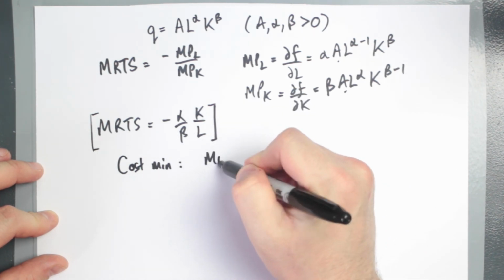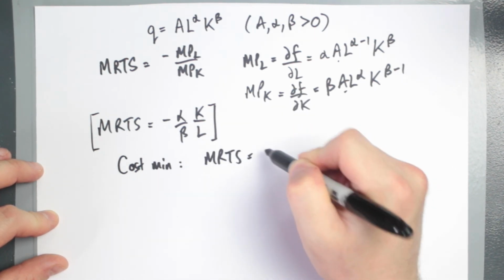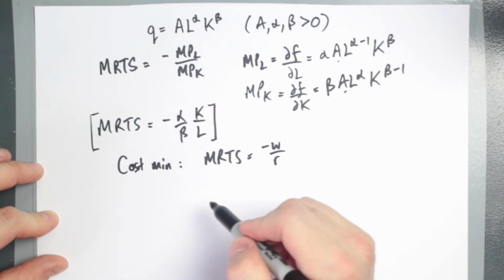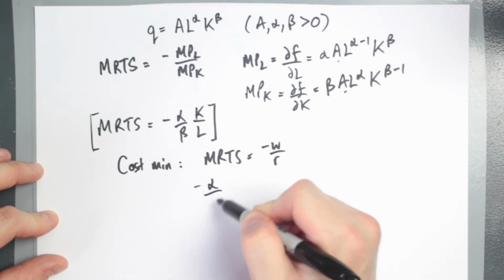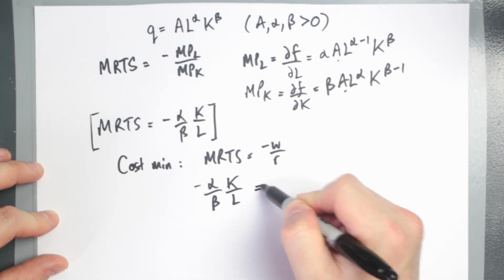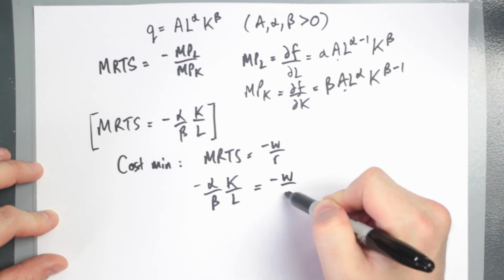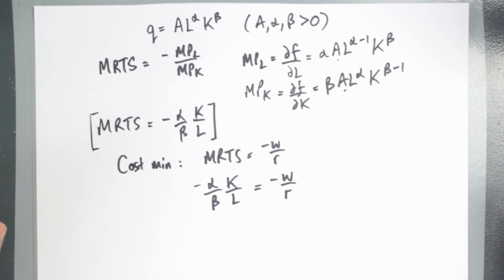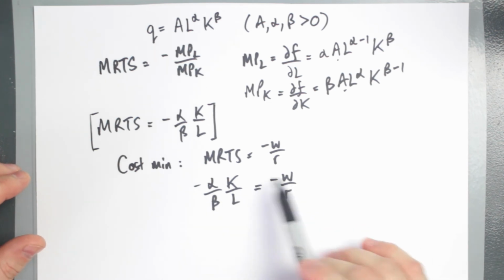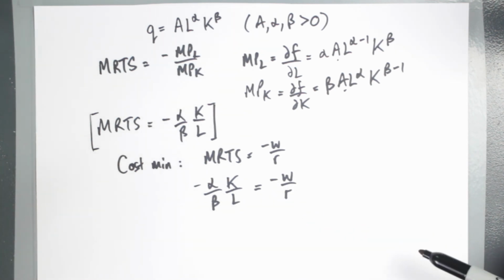Now the cost minimization problem gave us the condition that MRTS equals minus W over R. So in this case, we get minus alpha over beta, K over L is equal to minus W over R. This equation will hold whenever we're cost minimizing for all different target levels of output.